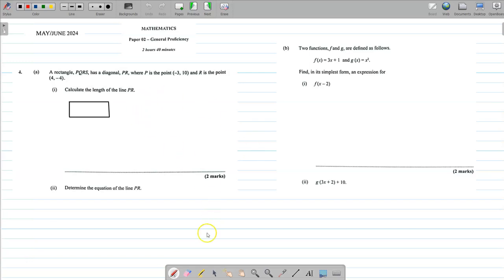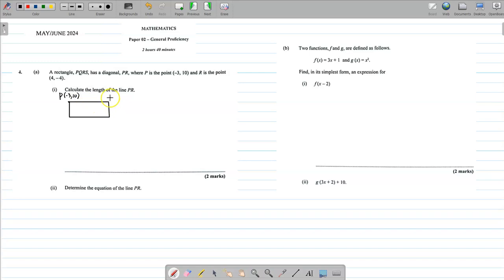When you have a question like this, it's really important sometimes to make a sketch just to get a clear understanding of what is required of you. So we're going to annotate this rectangle. This is point P, and that is (-3, 10).